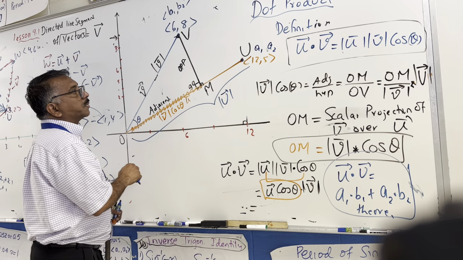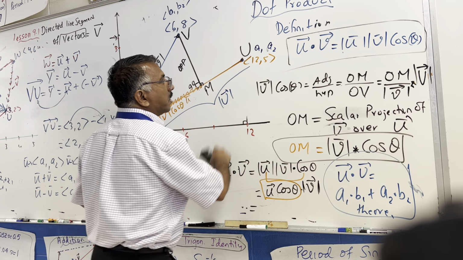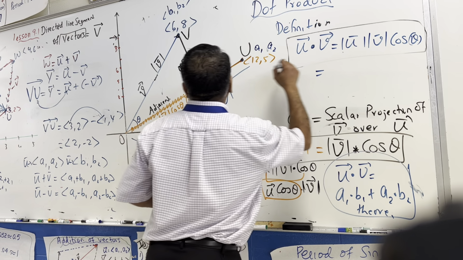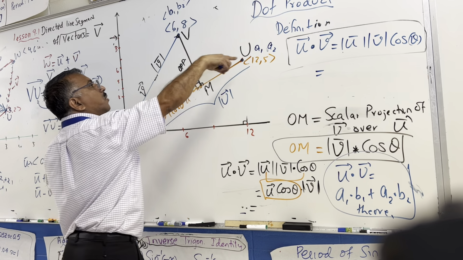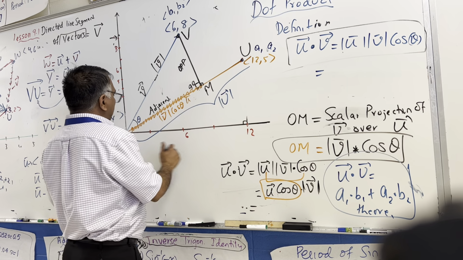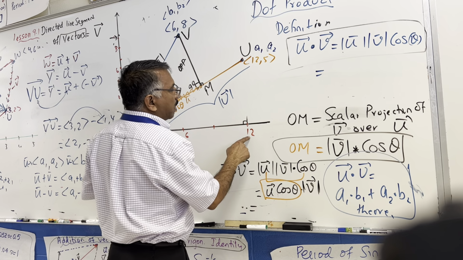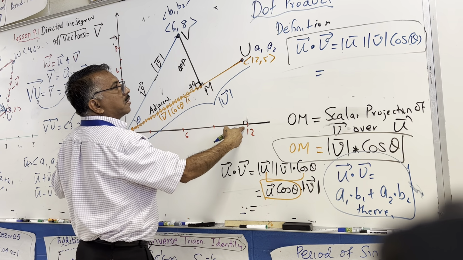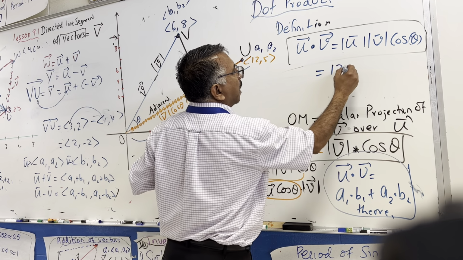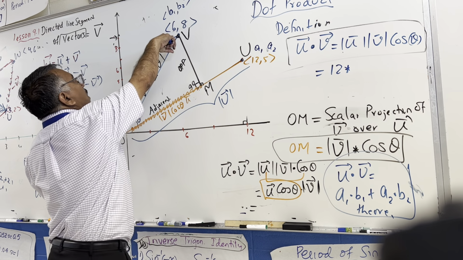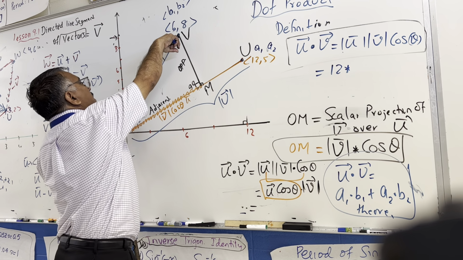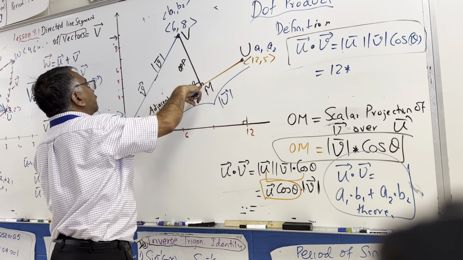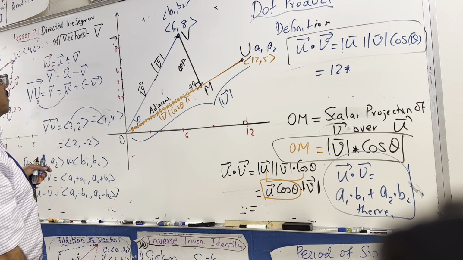So in other words, remember this answer is u bar. So what is the magnitude of u bar? It is a Pythagorean triplet of 5, 12 and 13. So u bar is 12. V bar was, if this distance is, I make a slight mistake, 6, 8.